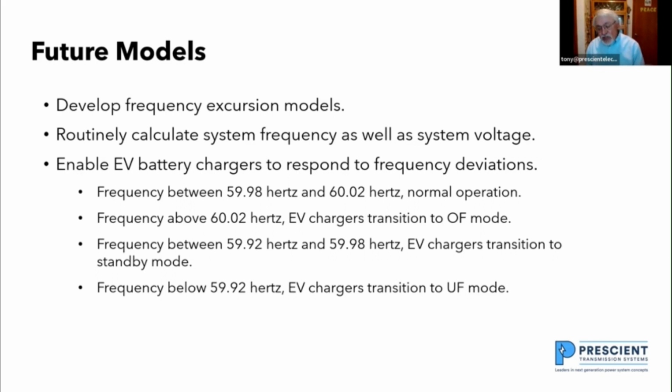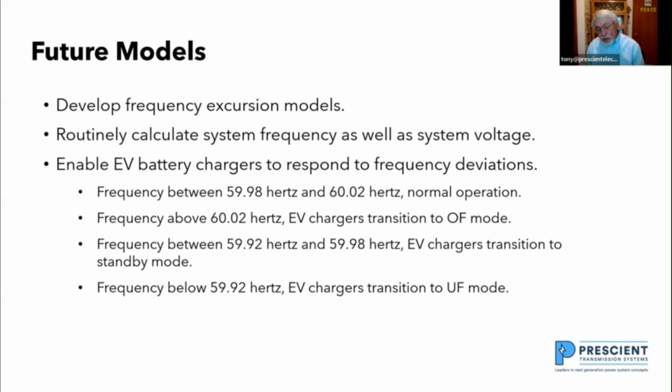If the frequency goes high, and to me, high is 60.02 hertz, any electric vehicle battery chargers that I have connected to the system, if they were just in a standby mode, I want them to transfer to the over frequency mode and immediately start consuming energy, and that'll bring the frequency down.